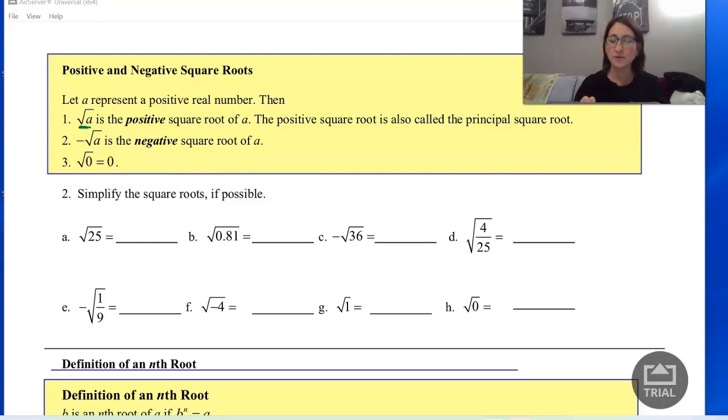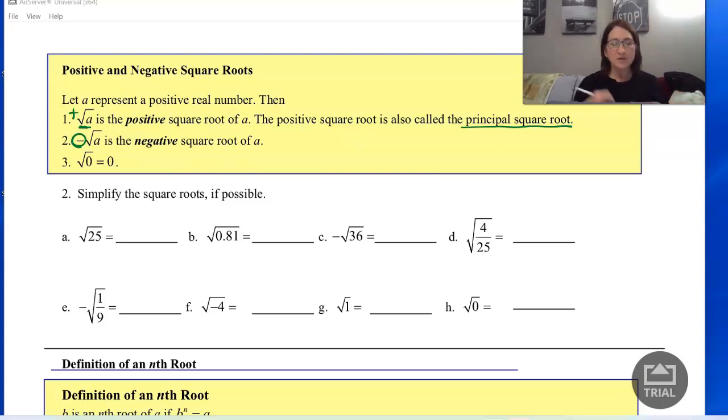And the positive square root is also called the principal square root. If I'm looking for a negative square root of a, it's going to have a negative in front of that radical sign. If I'm looking for the positive, it's just an implied positive. And then the square root of 0 is always 0.